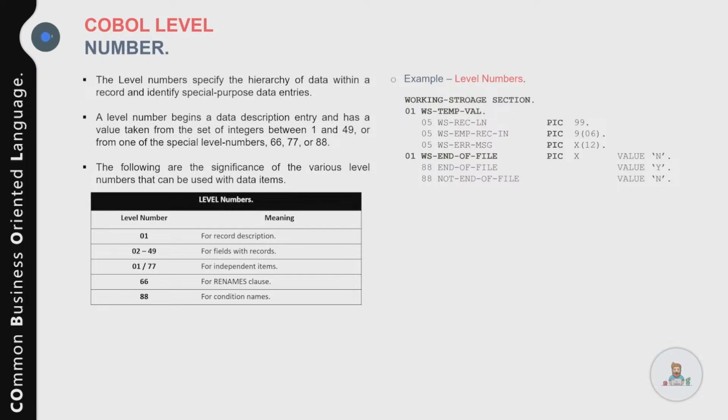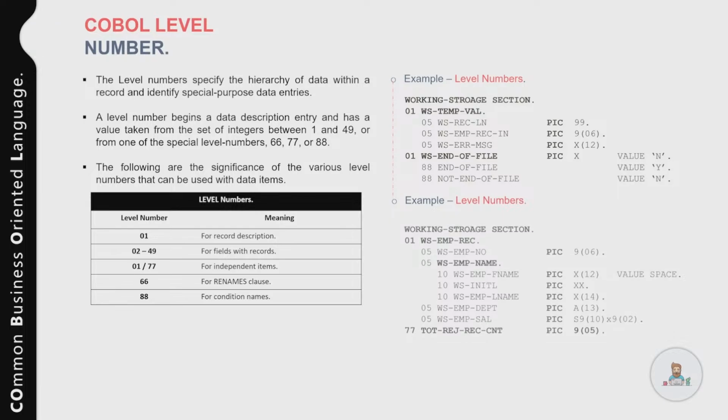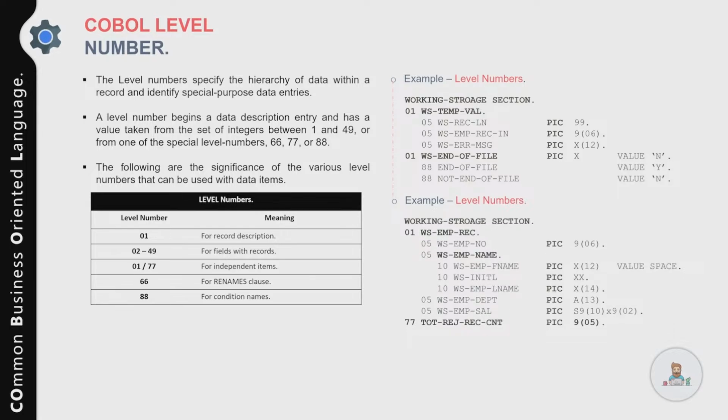Now let's look at a couple of examples so that you can understand how exactly you can use level numbers to define your records or individual items within the program. So we have a working storage section, and there are two group variables defined at level 01, that is with level number 01.